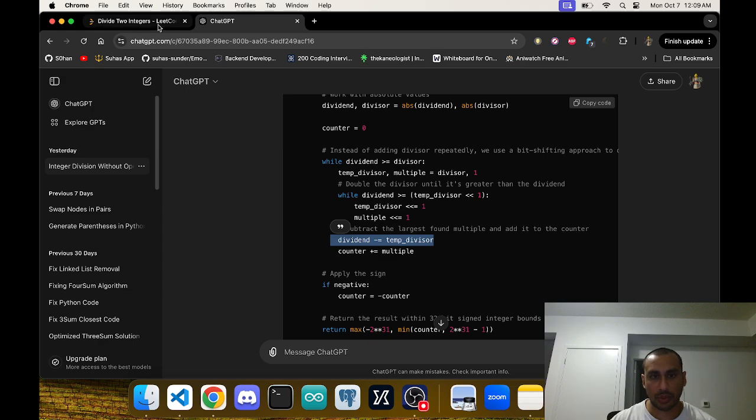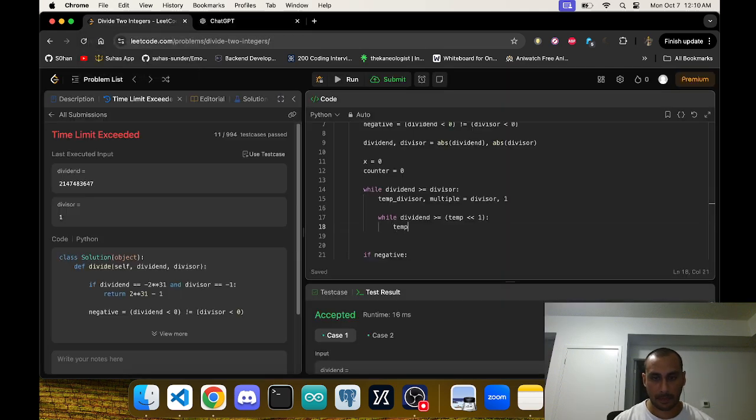So it's shift bit register to 1. So every time you shift by 1, it doubles. Because 2 to the power 0, 2 to the power 1, 2 to the power 2, 2 to the power 4, all of that. Okay, so then multiple.